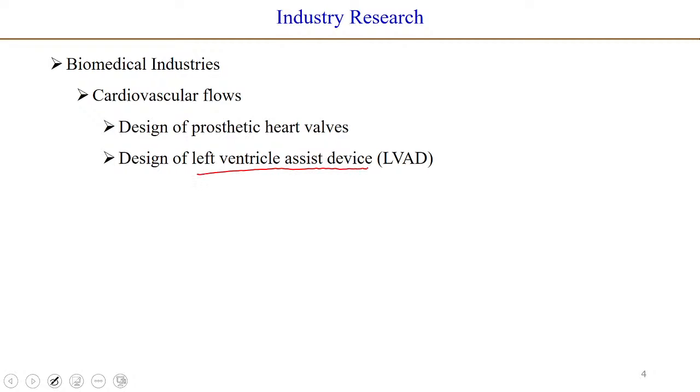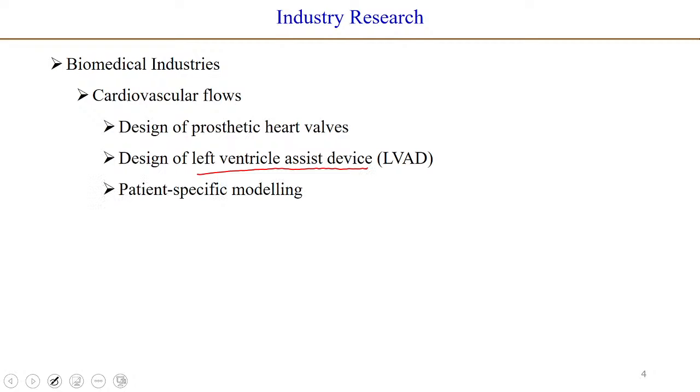It aids or helps in increasing the pressure or pumping the blood through the systemic circulation. So for the design of such a left ventricular assist device, or LVAD, we again need to understand the flow behavior in such systems. So in the industry as of now, CFD or computational fluid dynamics as well as experiments are used to understand the flow behavior in such systems.